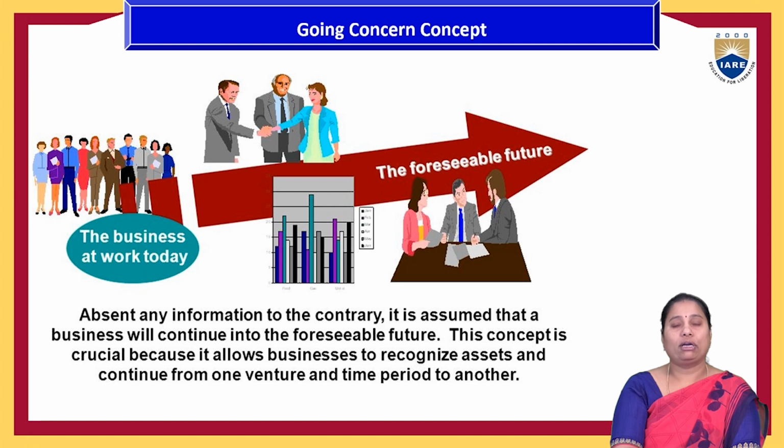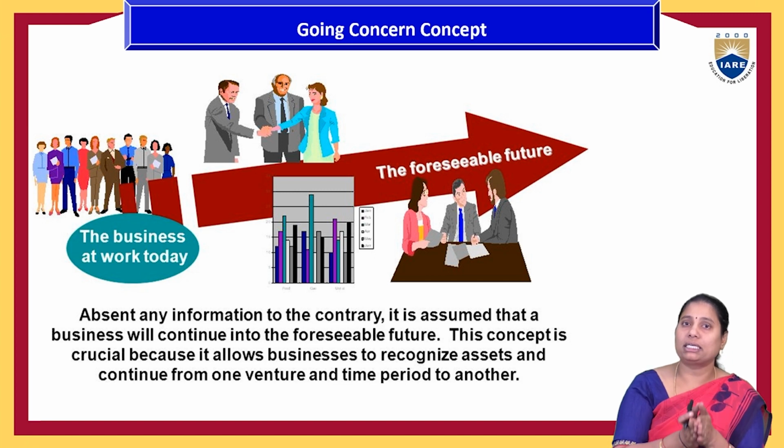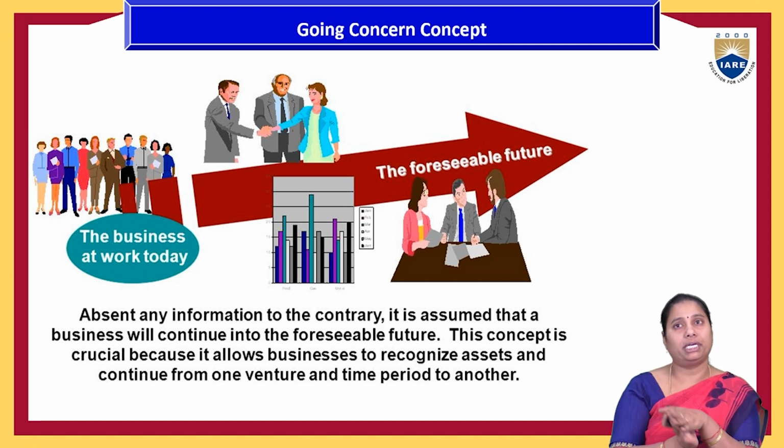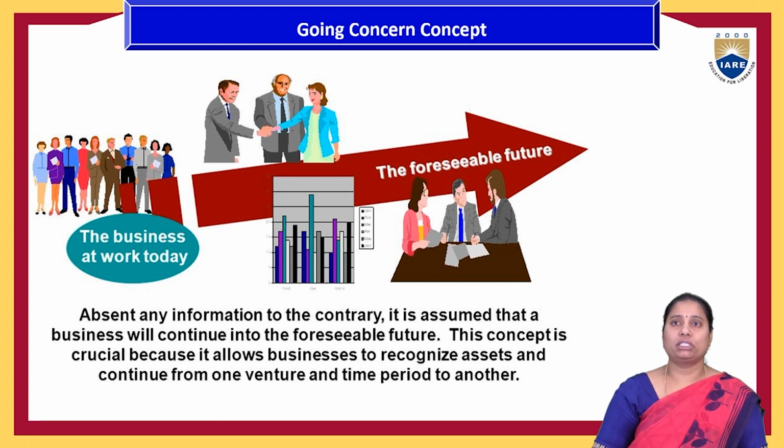Going concern concept. Going concern concept means they have to think that, from the incorporation of the organization to the ending, the organization is going to be running for a long run. They are not going to stop anywhere.